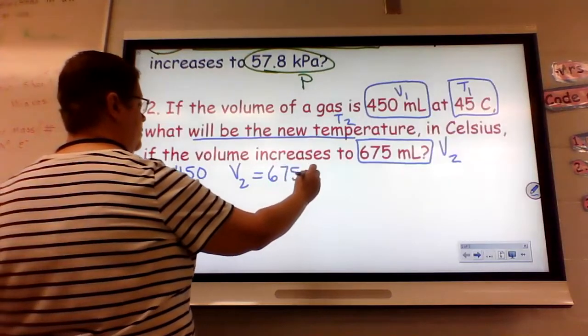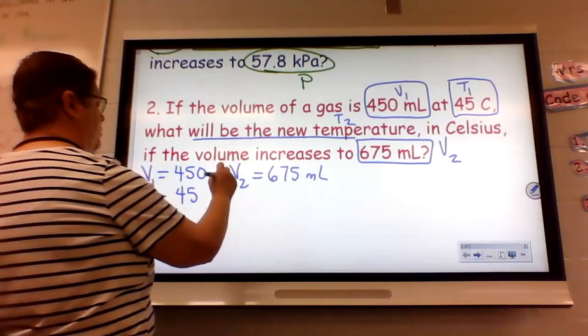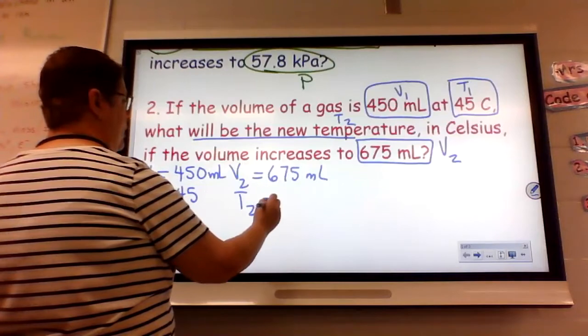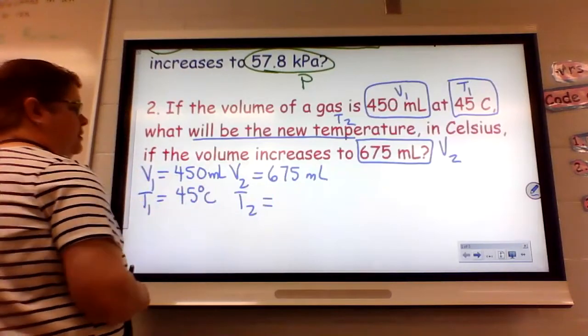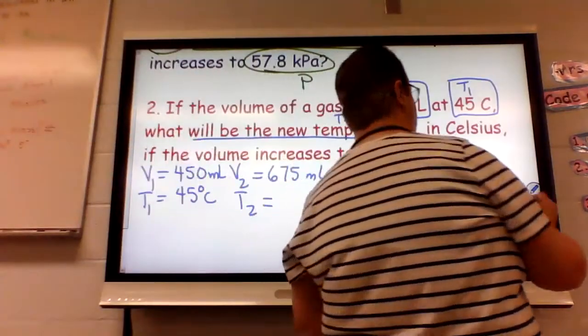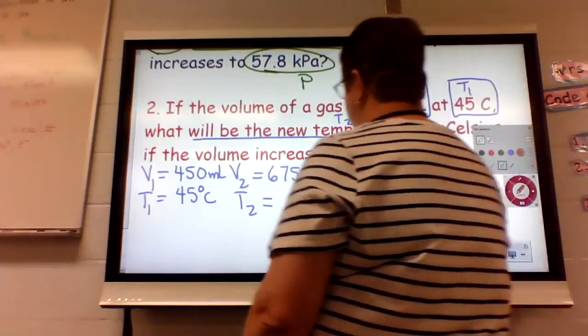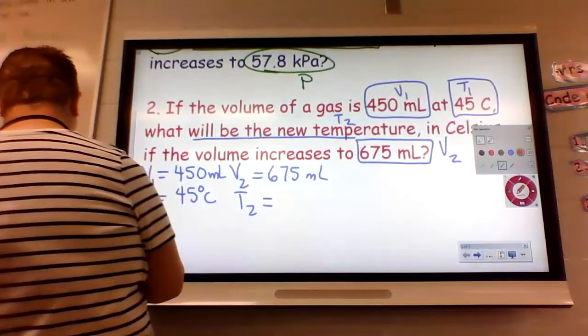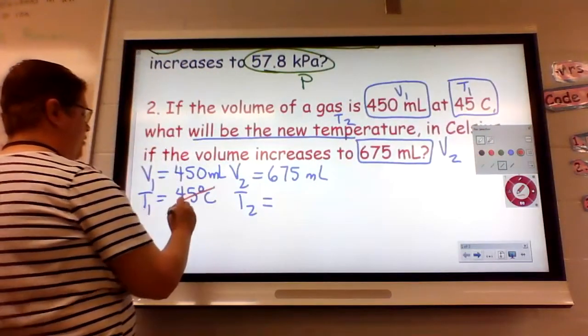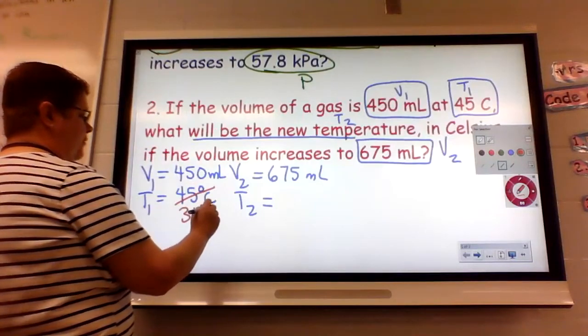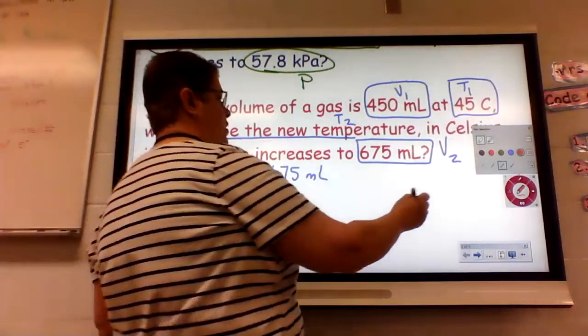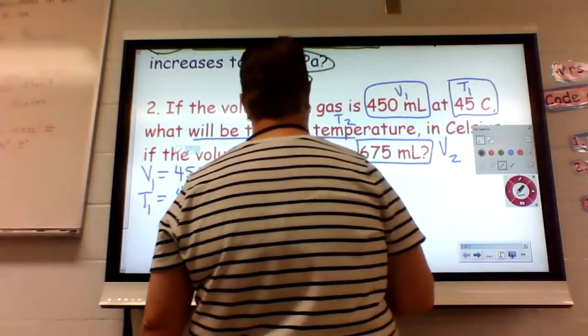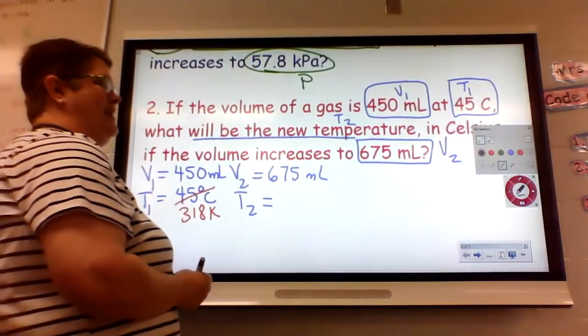So what's the equation for this one? Get ready to do it. And T2, we don't know. Now, because this is degrees Celsius, can I leave my temperature in degrees Celsius? No. So 45 plus 273 is 318 kelvins. The formula for this one, because we have volume and temperature, what unit is missing?